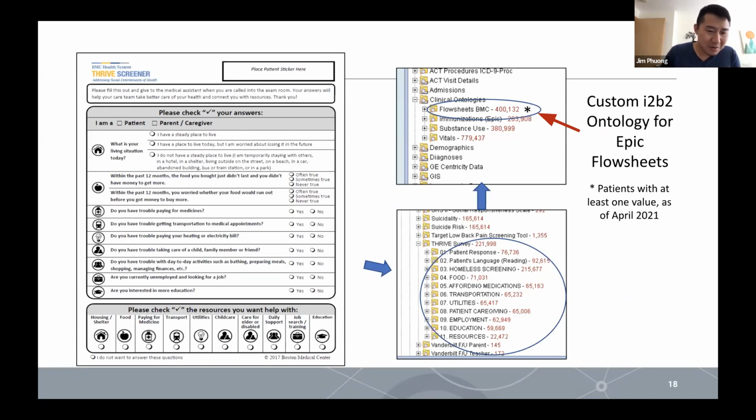At this site, BMC basically captures this information into their EHR, and then from the EHR an i2b2 instance is created. From those instances, we need to look at how many of these COVID patients have the instances of interest and how many will be the quote unquote denominator going into the flowsheet extract, transform, load.